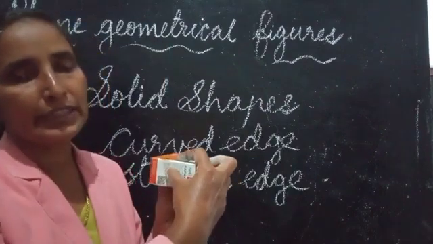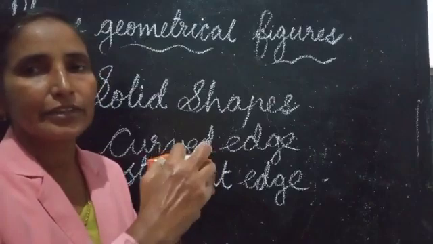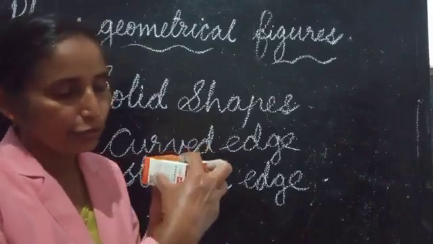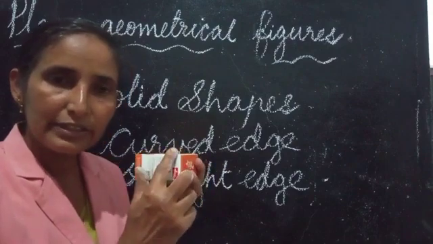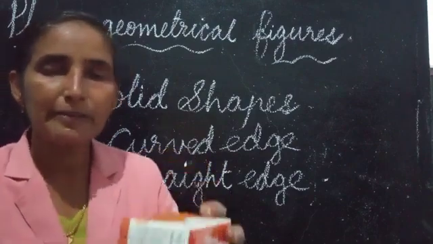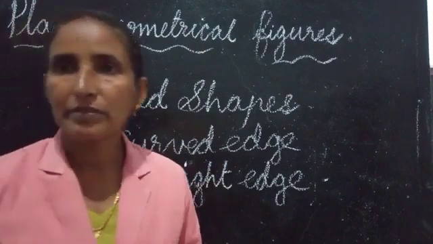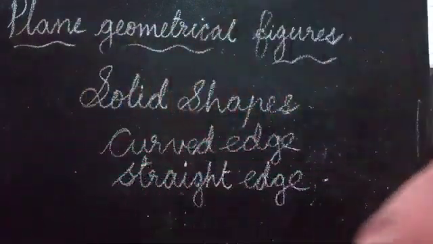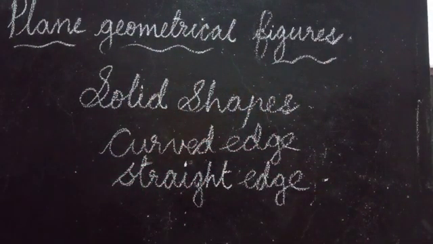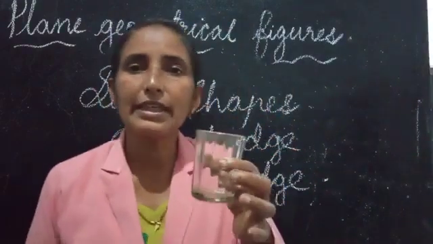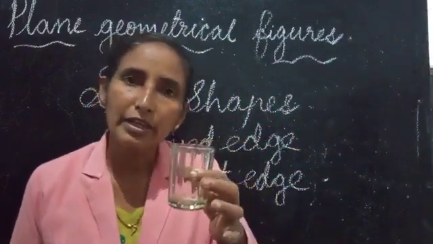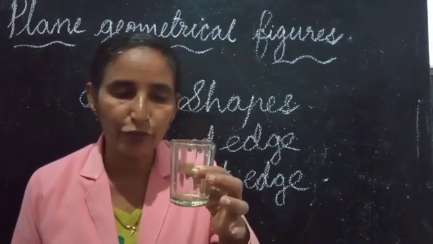2 faces meet each other in a straight line, so this is called a straight edge. But this is the example for a cylinder.